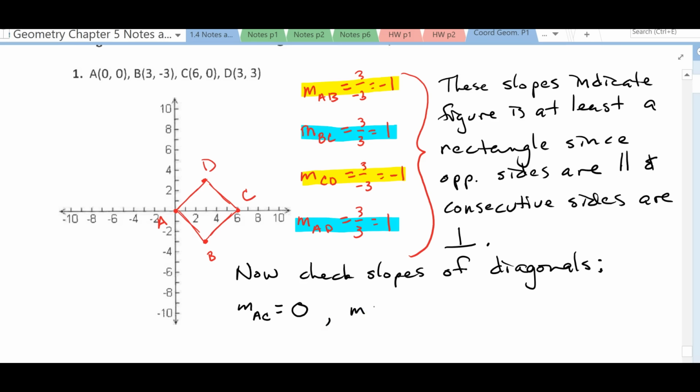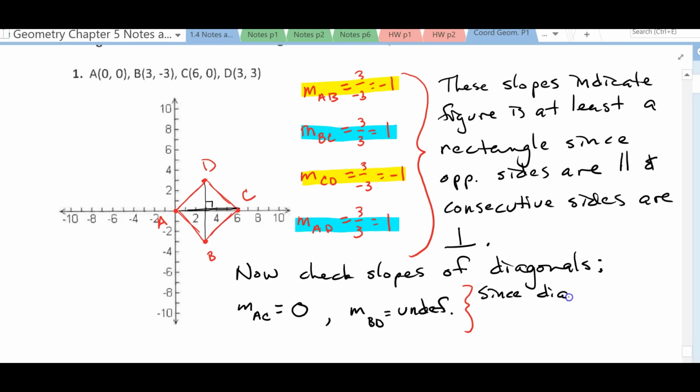And the slope of DB, we can see that's vertical, so that's going to be undefined. And we've talked about the fact that 0 and undefined are opposite reciprocal slopes. But we can see that they're also perpendicular if we drew those in. One's vertical and one's horizontal, so they're perpendicular.